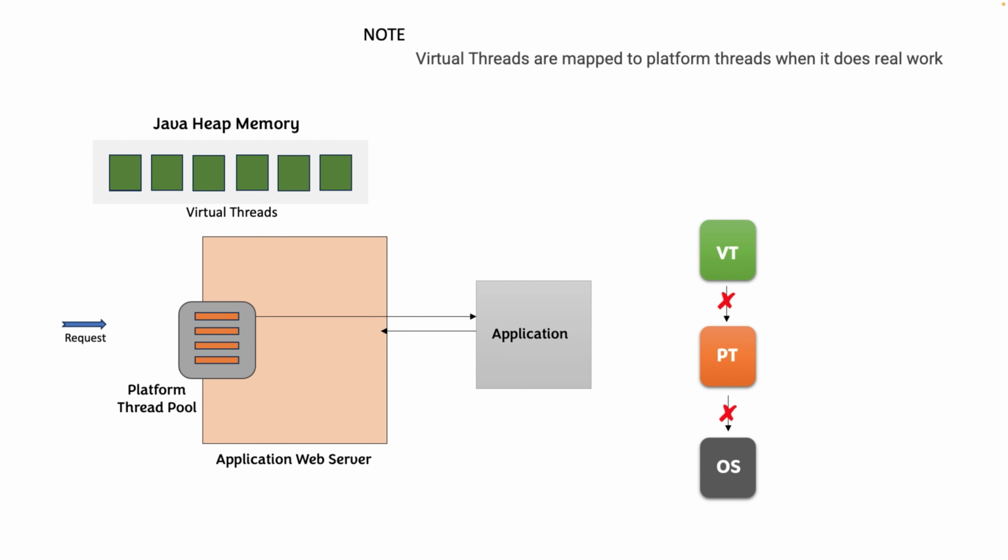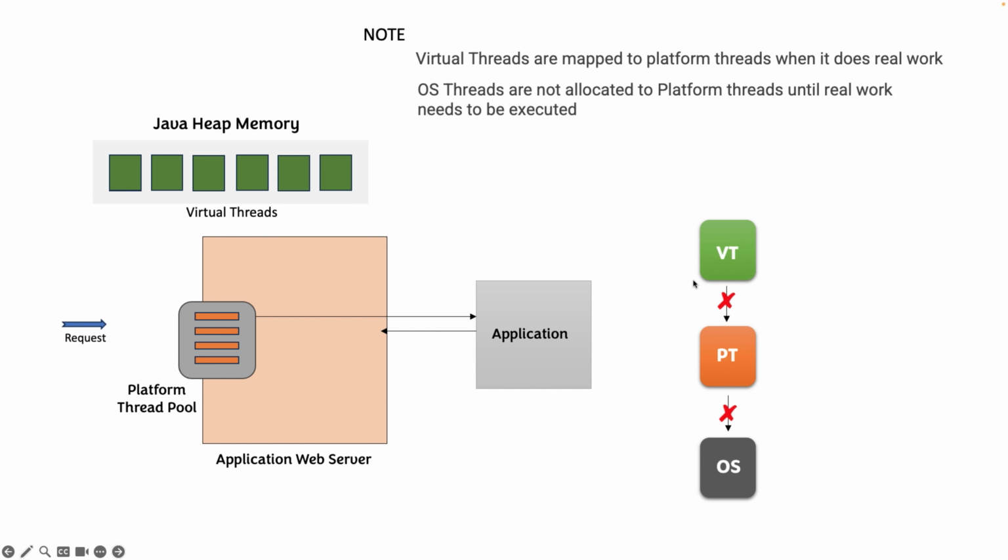Unnecessarily, a virtual thread will not be assigned to any platform thread. Operating system threads are not allocated to the platform threads until real work needs to be executed. If some work must be executed, then only the platform thread will be assigned to the operating system thread. So these two are the key concepts of virtual thread.